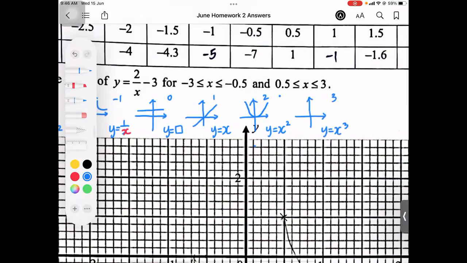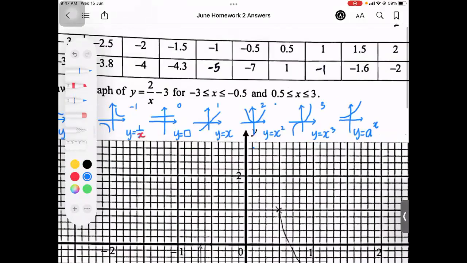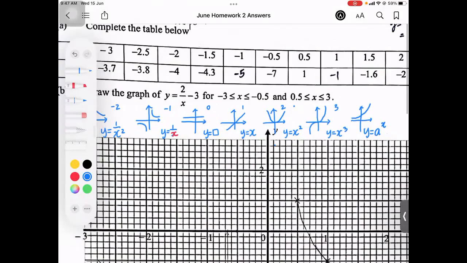You all remember? x cubed looks a little bit like a snake. We did this curve yesterday. Cubic curve. Then the last but not least, y equals to a to the power x, which flies up to the top. x is now in the power, so it's an exponential graph. You must know the shape and be able to understand what is the shape.